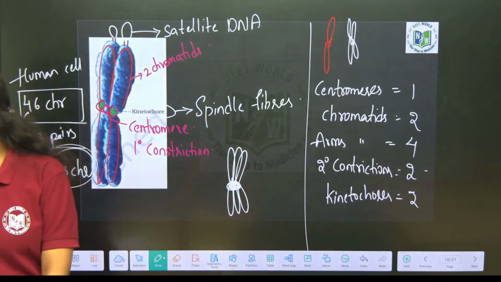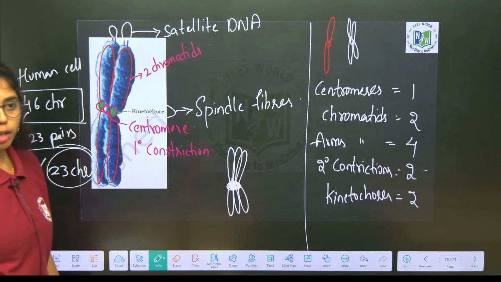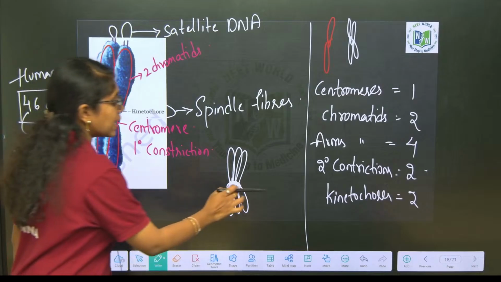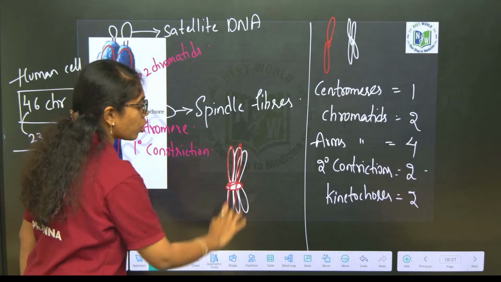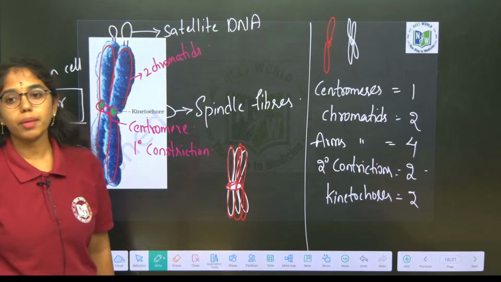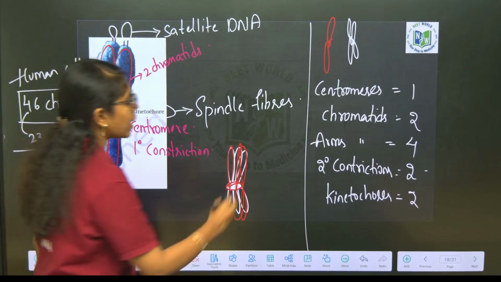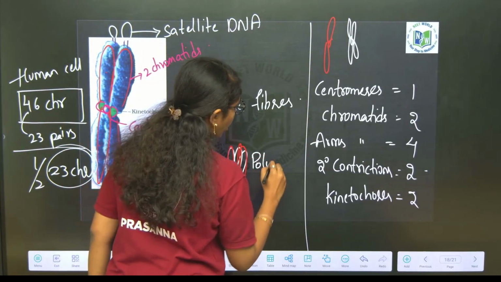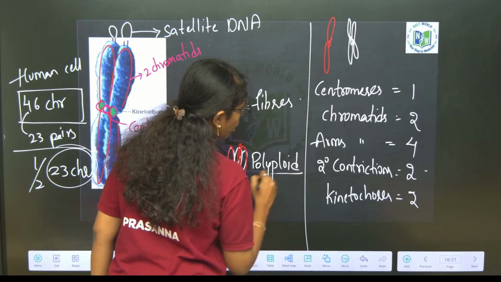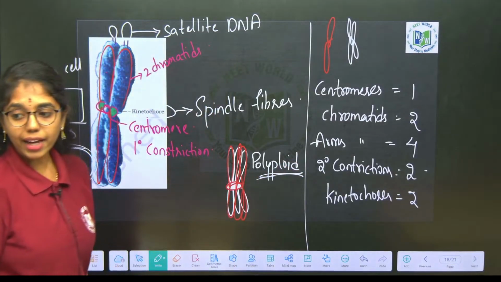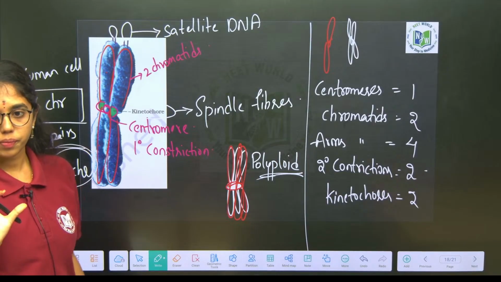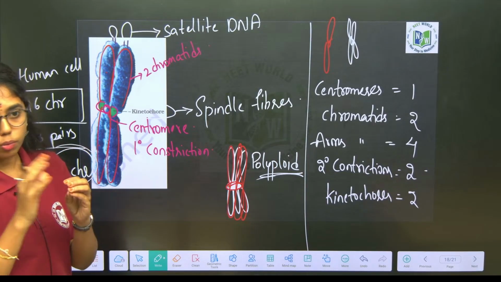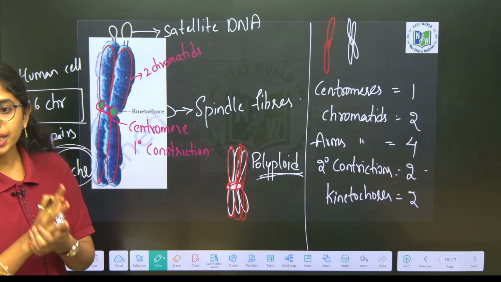What is polyploid? Polyploid means a single centromere having many chromatids like this. Polyploid condition is observed due to sequential karyokinesis but no cytokinesis. Nucleus is dividing, chromosomal division is happening, but then there is no cell division.